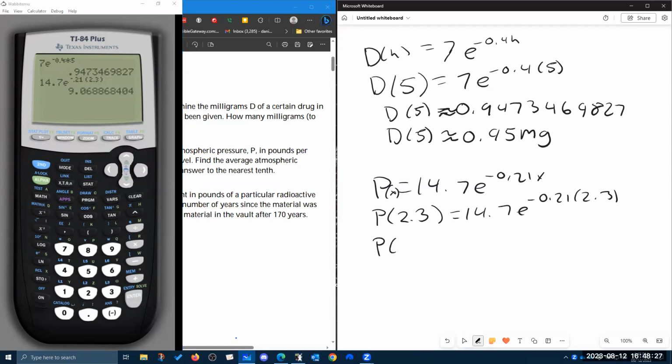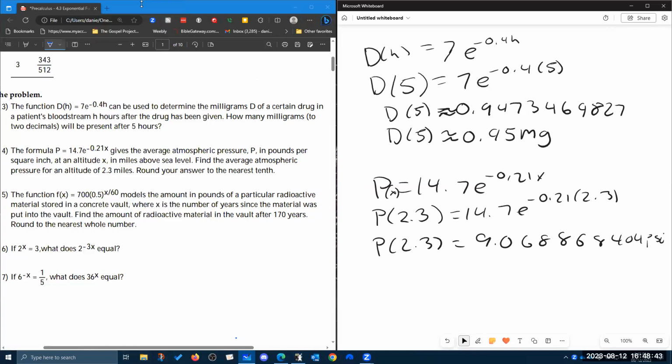We get 9.068404 psi, and we're told to round to the nearest tenth. So that's 9.1 psi.